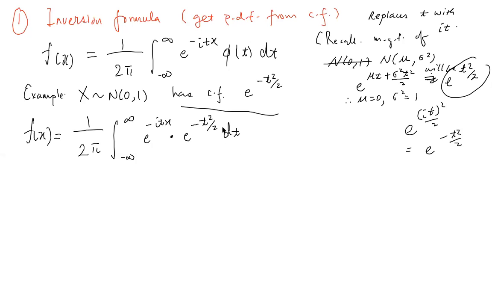Now, when you see this kind of exponential form, and then you have a square, this is quadratic in t. Immediately you should recall the completing the square method, okay? So you basically try to factorize. This will be t squared. This will be, okay, you have a plus.